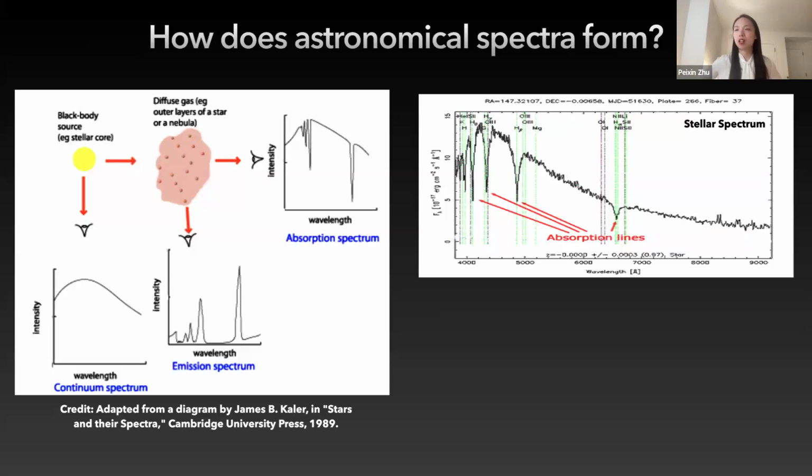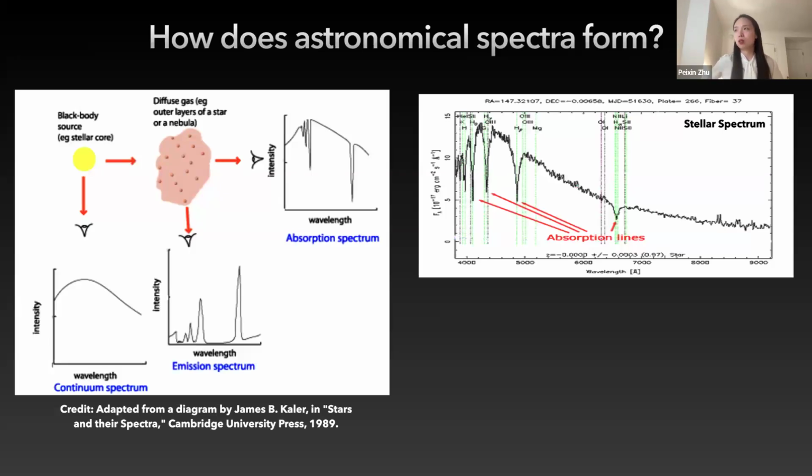So for stars, you can usually just assume a black body spectrum as the continuum, because stars usually have a constant temperature in the photosphere, so that they have a very constant temperature outer shell, and then emit this continuum.